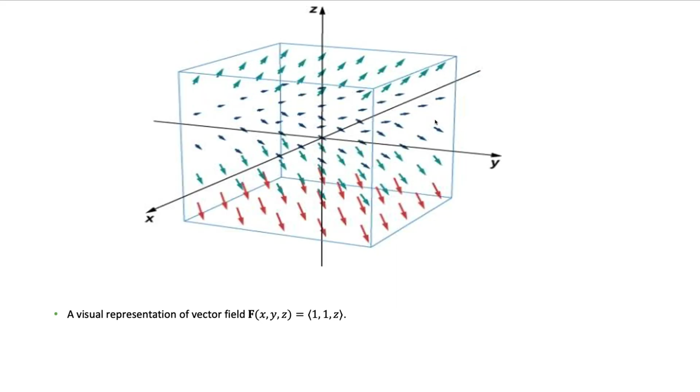Here's another one, a visual representation of this vector field. Notice that the i and j components are fixed. They're always equal to 1, but the k component is actually whatever the z value is. So along the xy plane, you just have what? You would have these fixed vectors (1, 1, 0), or i plus j, if you want to think of it that way.